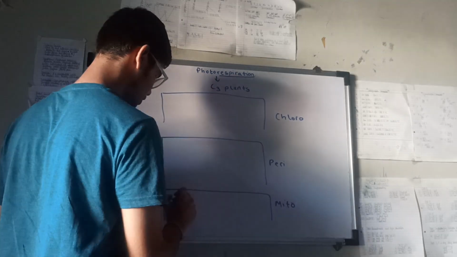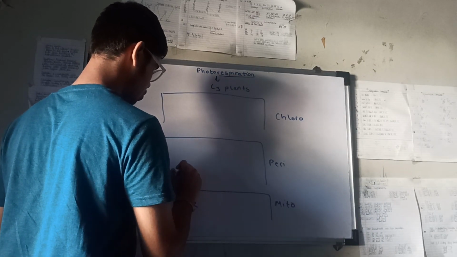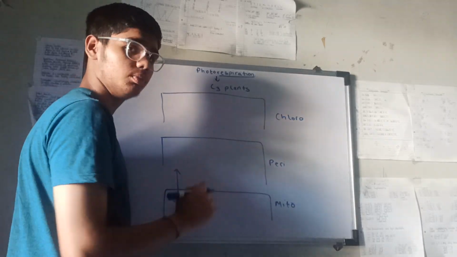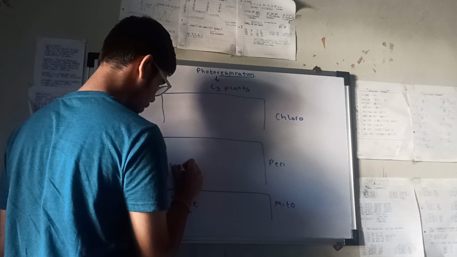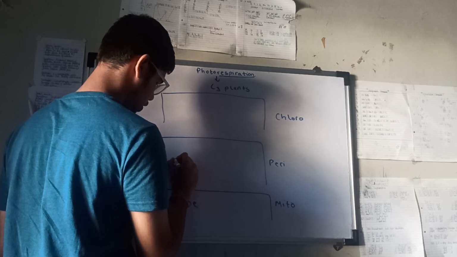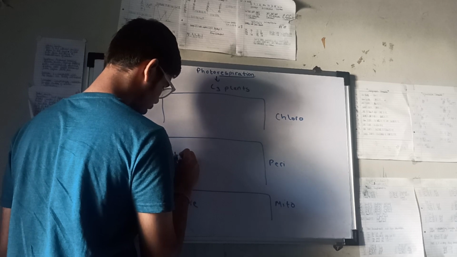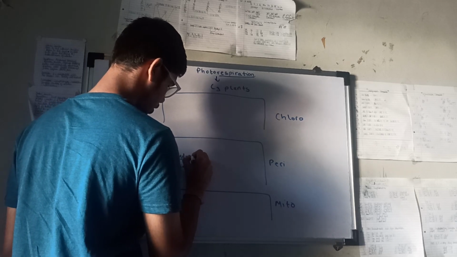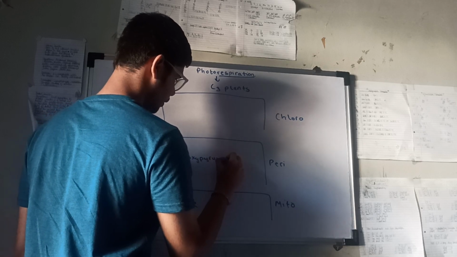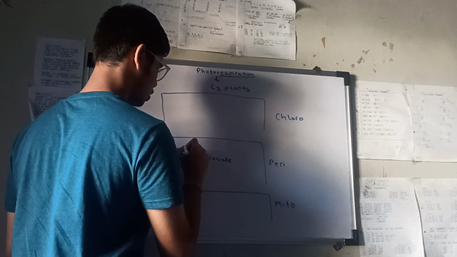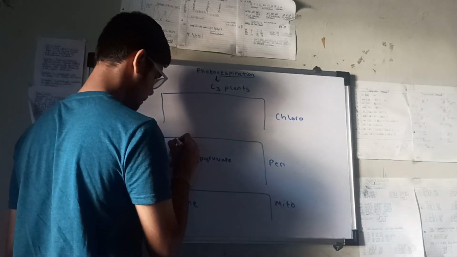So we got here serine. This serine will jump into the peroxisome and will be converted into hydroxypyruvate, and this will get converted into glycerate.